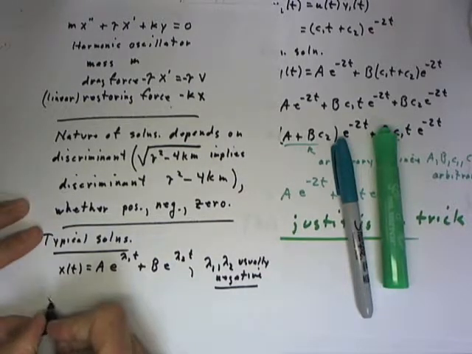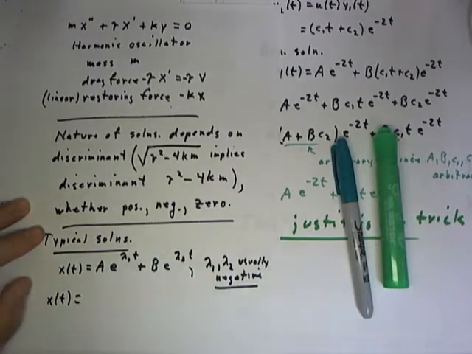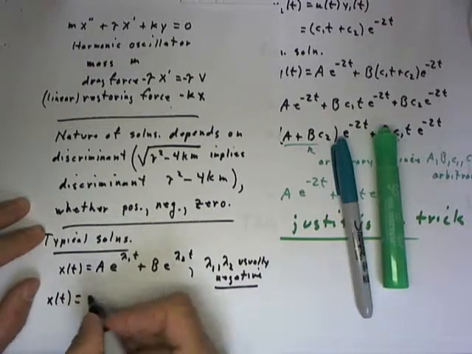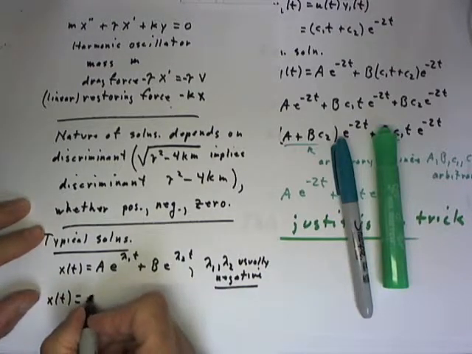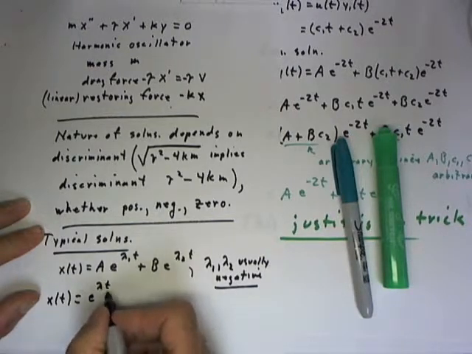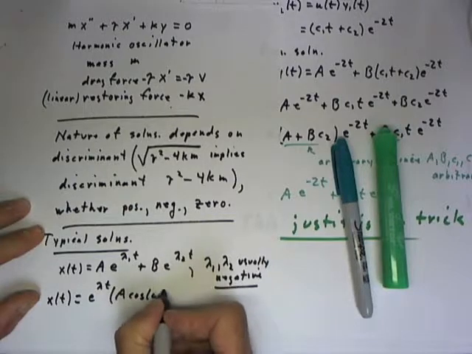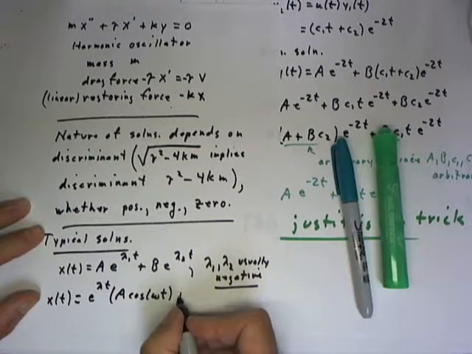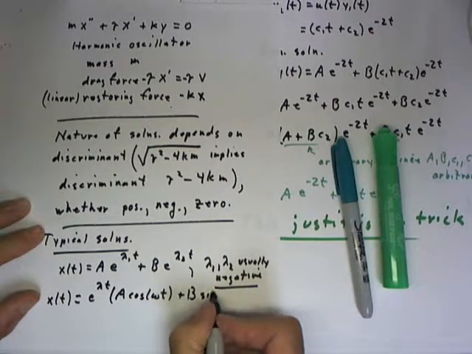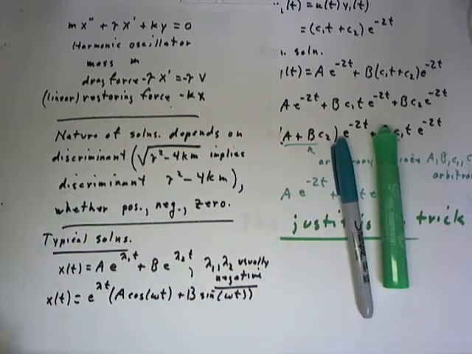Another solution, x(t), could have the form, I'll write it this way, e^(λt) times a cosine of ωt plus b sine of ωt. Things are a little crowded here, sorry for that.